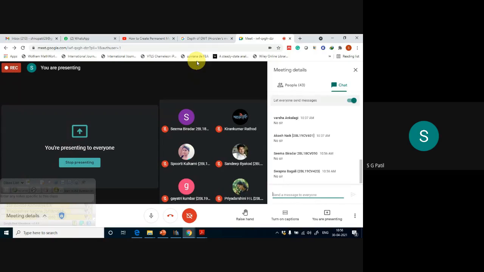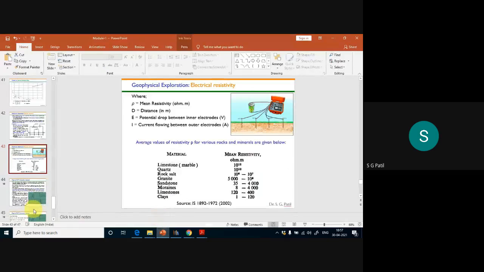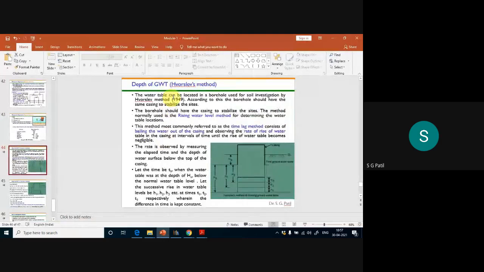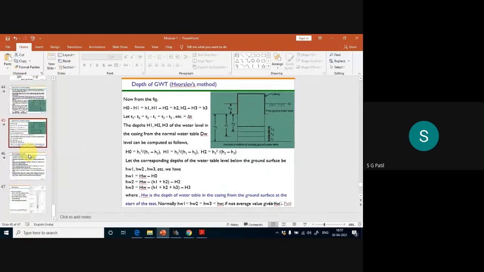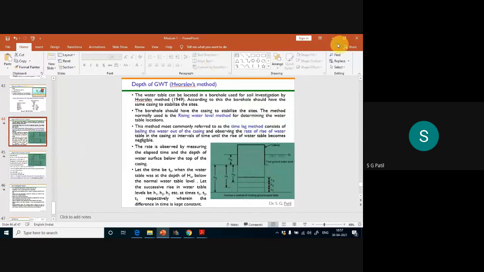I have already solved a problem on the seismic refraction method. In the next class, I will solve one problem on the resistivity method, and then there is a small portion at the end, how to find out the water table from the Worsley method. This is another topic that I will cover in the next class.